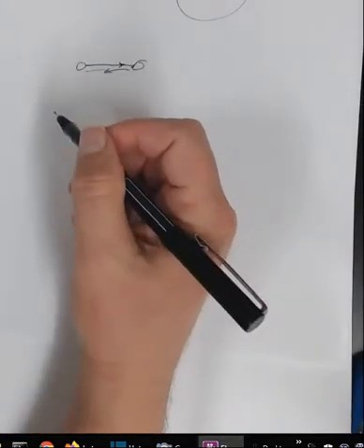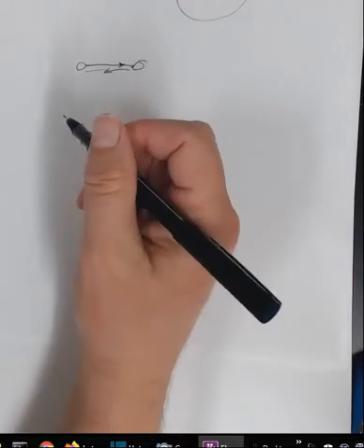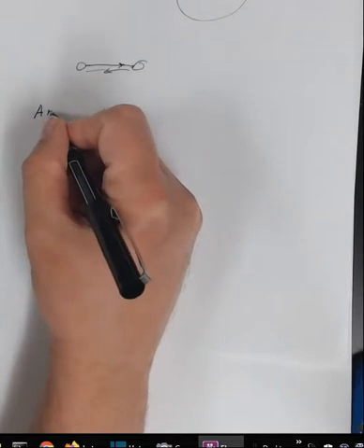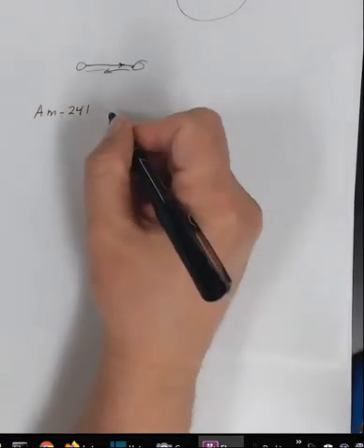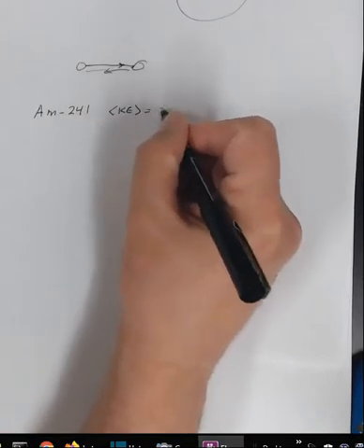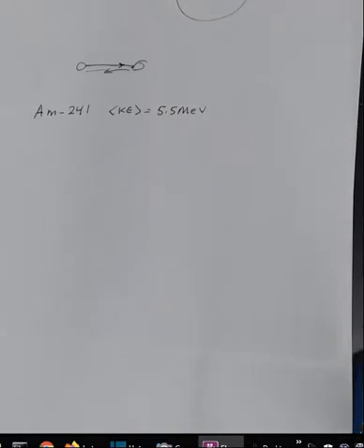I'm sure Rutherford probably used radon 222, but we could, for example, use americium 241, found in smoke detectors, which has an average kinetic energy of about 5.5 mega electron volts. So we can use that.